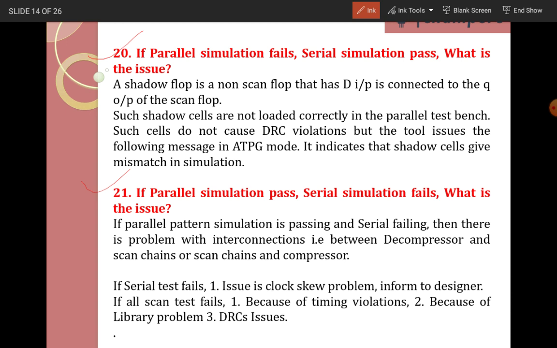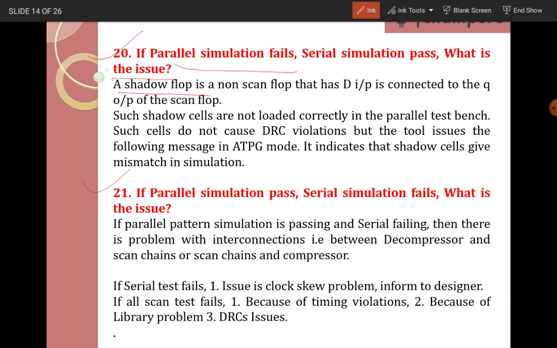In parallel simulation fails but serial simulation passes, what is the issue? Parallel simulation fails when there is a shadow flop, a non-scan flop whose D input is connected to the Q output of a scan flop.